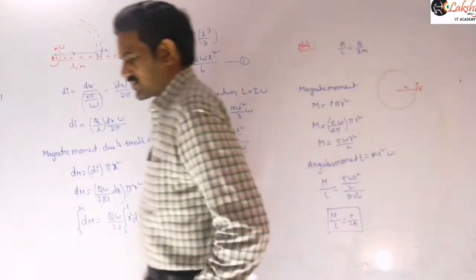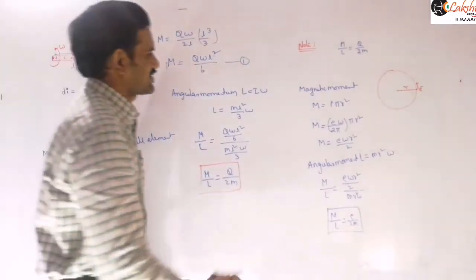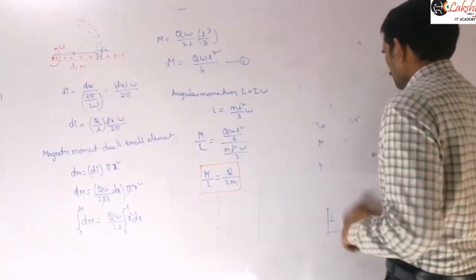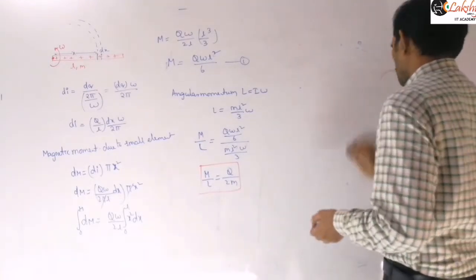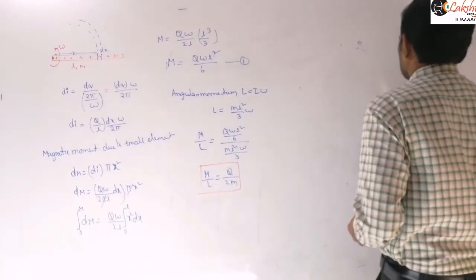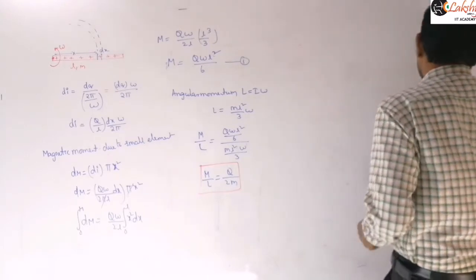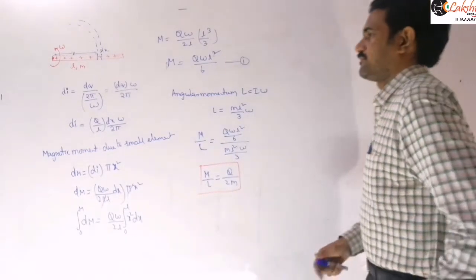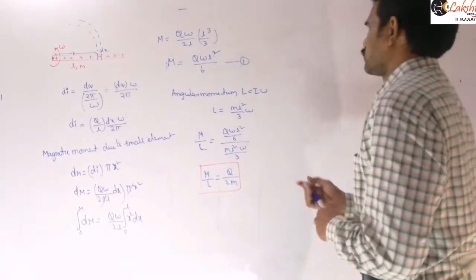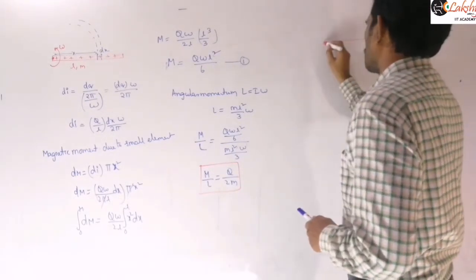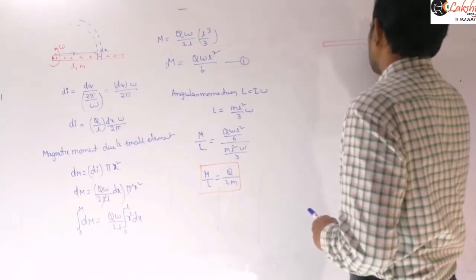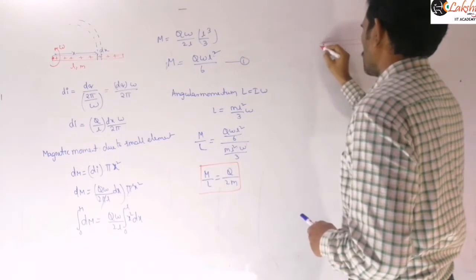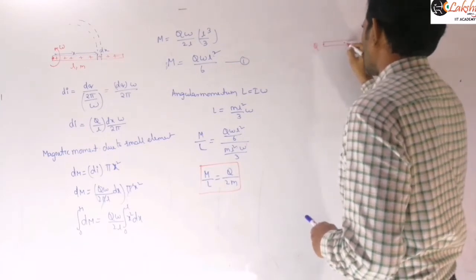So now let us see the next problem based on this. Sometimes they will give only point charges placed at the ends here. Then they will ask for the magnetic moment. Then also you can calculate it in a similar way. So next I am giving the case where only these 2 point charges are placed here. One point charge q and another point charge q are placed at the ends of a rod.